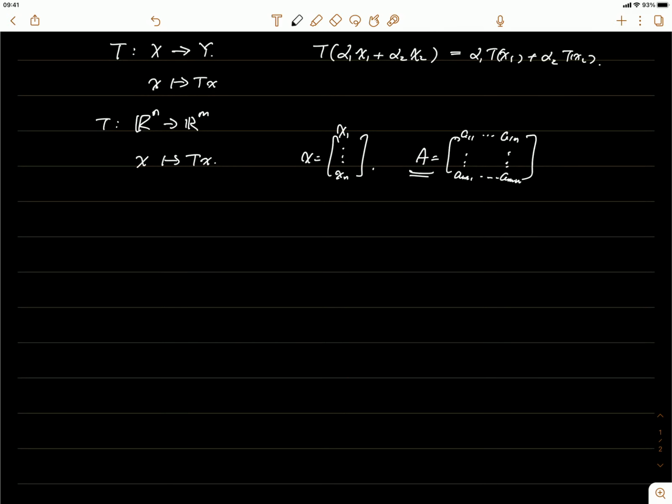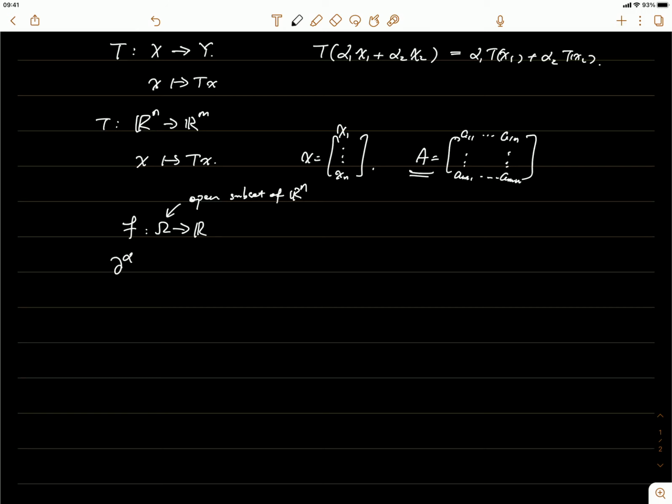And also derivatives, especially partial derivatives, can be considered as a linear transformation as well. For example, if you have a function f mapping from omega to R, where omega is an open subset of, say, Rn, then you can consider the partial derivative of this f.